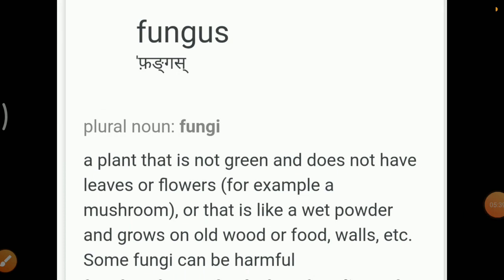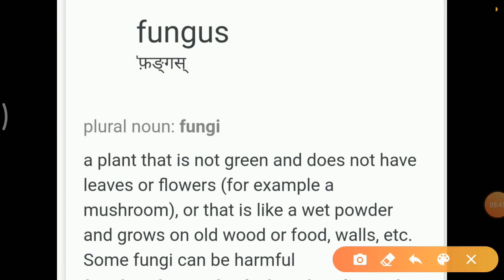Next is fungus, or fungi in the plural. First of all, fungi are plants which are not green and do not have leaves or flowers.